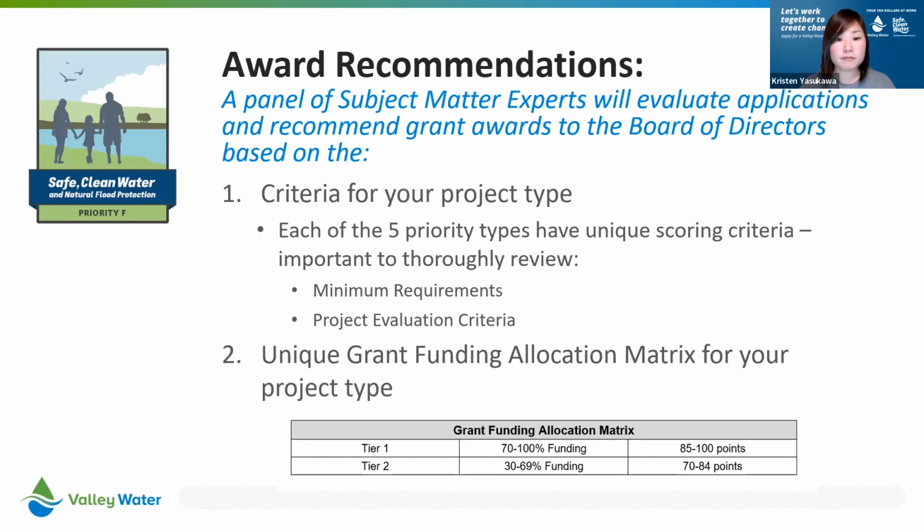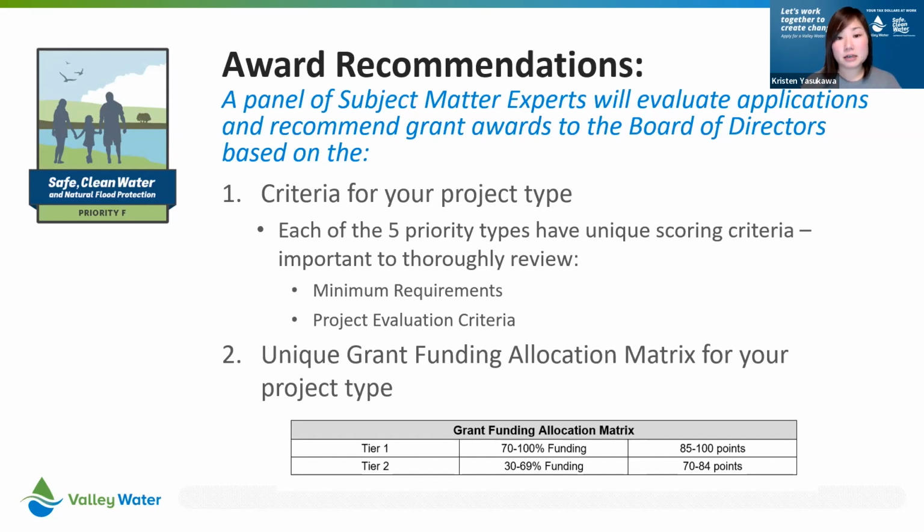to the board. So we do encourage you again to go through the minimum requirements, project evaluation criteria, and the grant funding allocation matrix for your project type. And all of this is very transparent. It's all laid out in the standard grant guidelines, so nothing is a surprise.